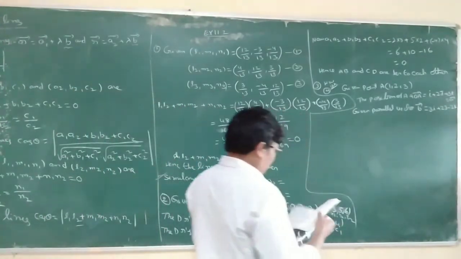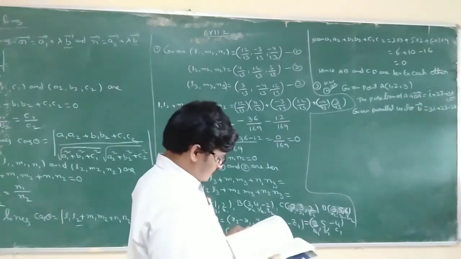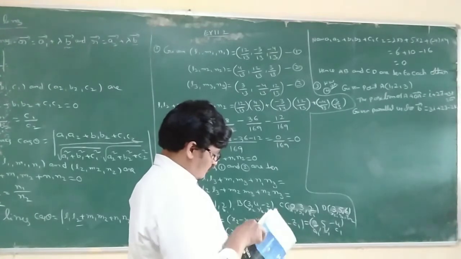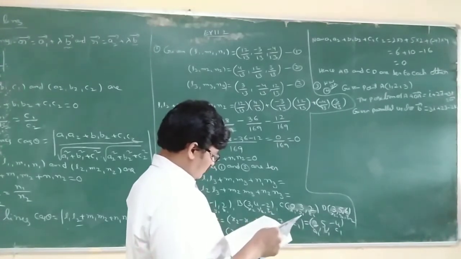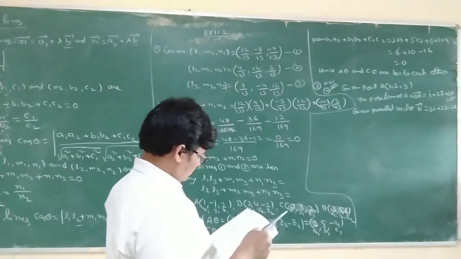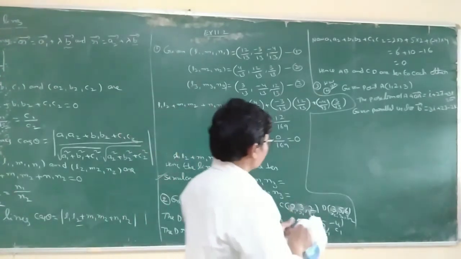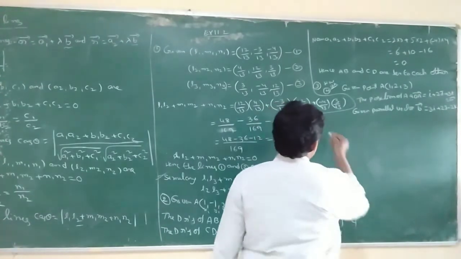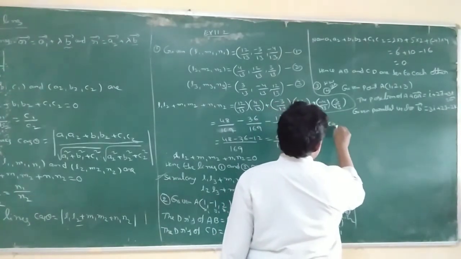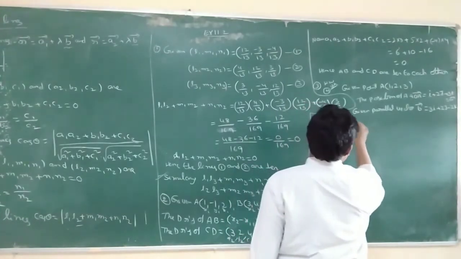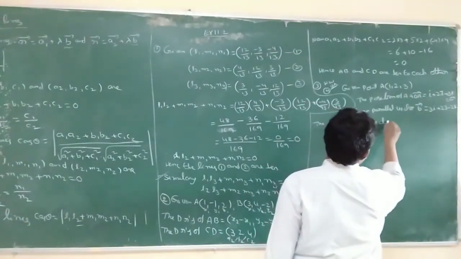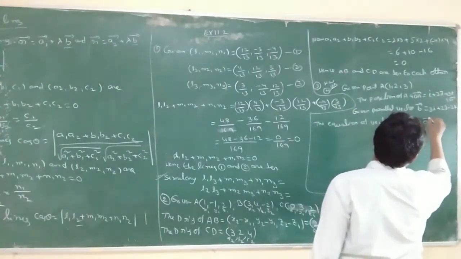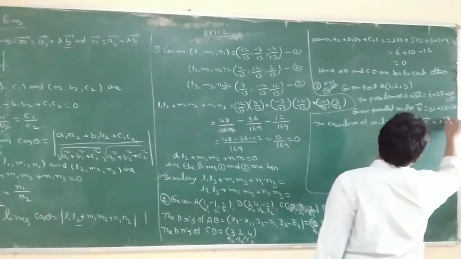So the equation of the line which passes through the point and is parallel to the vector is given by the formula r bar is equal to a bar plus lambda b bar.